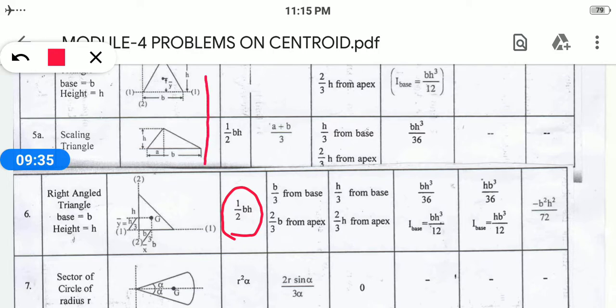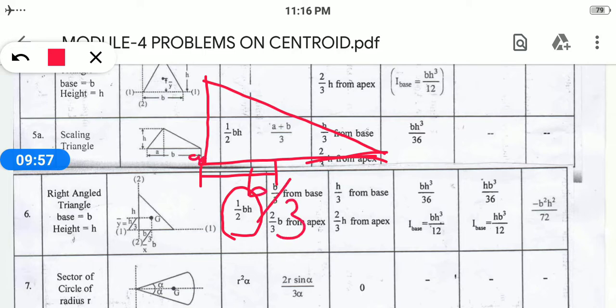And the other thing they had given is in the right angled side. That means if your triangle is like this, your x will be b by 3 from the base, and your y will be h by 3 from the base. This is your normal thing. That means whenever you are calculating x, it should be from this corner towards the inner side, that will be equal to b divided by 3.